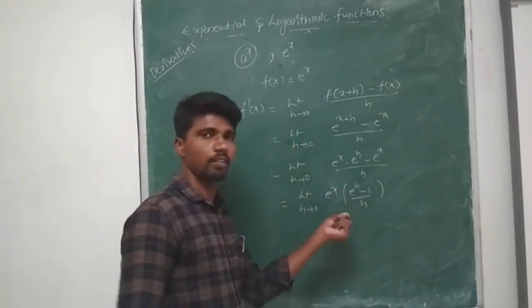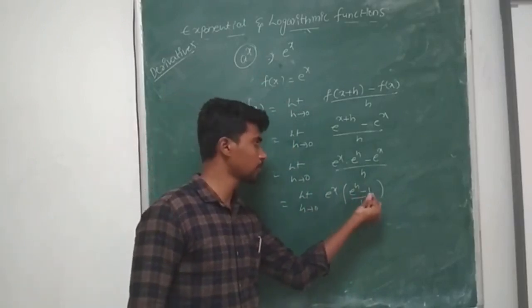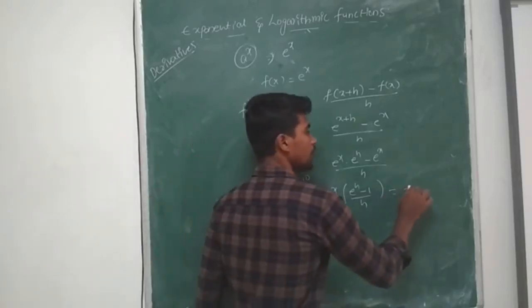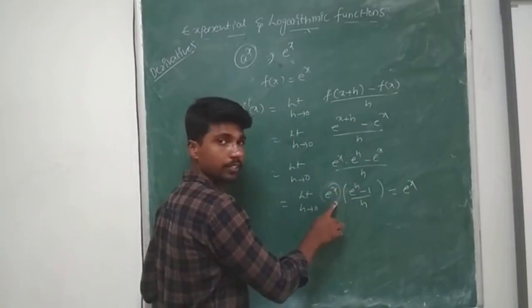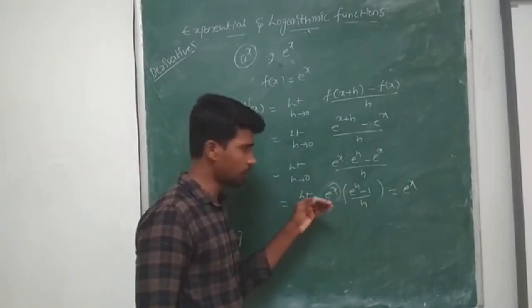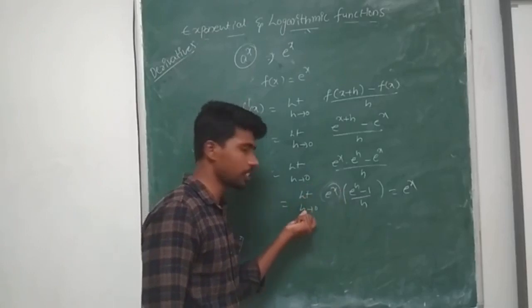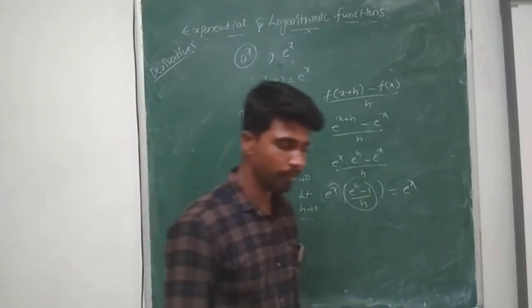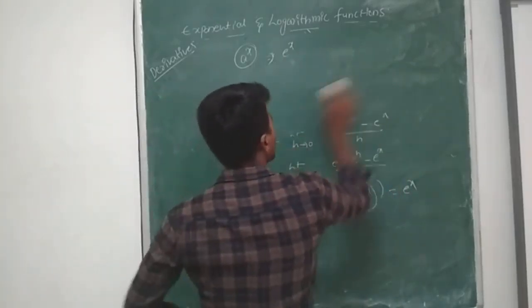Just now we have learned the limit of e power h minus 1 by h as h tends to 0 is nothing but 1. So we get e power x. E power x does not depend on h because we are finding the limit with respect to h. Next one, logarithmic function.